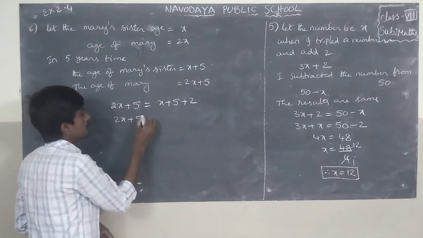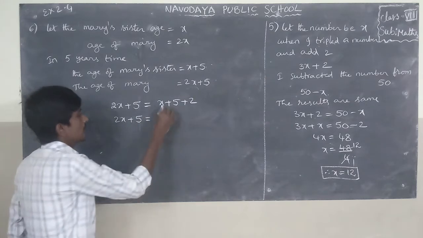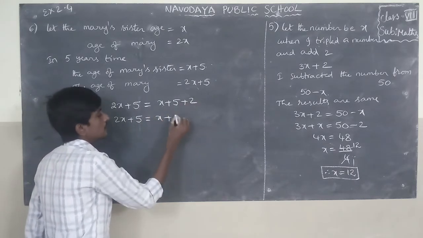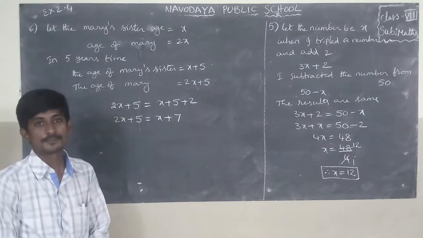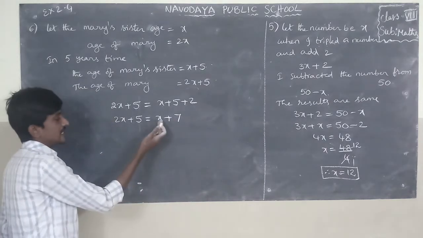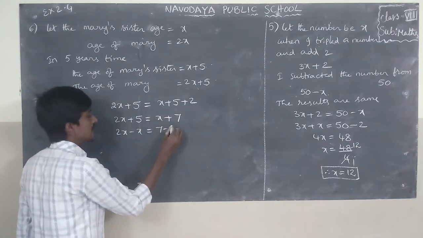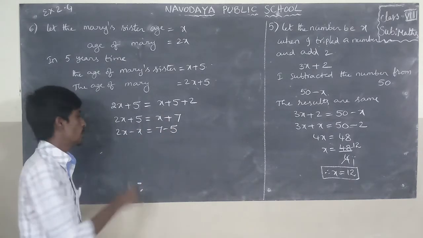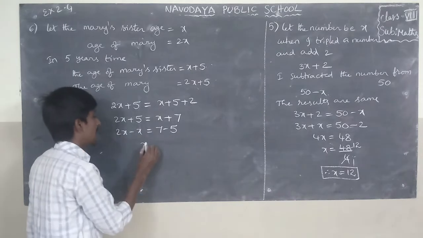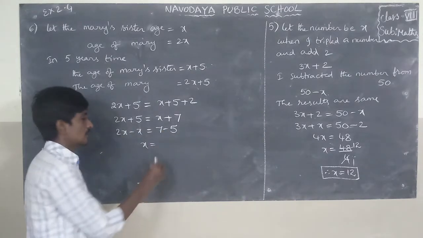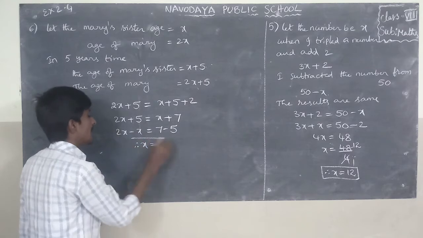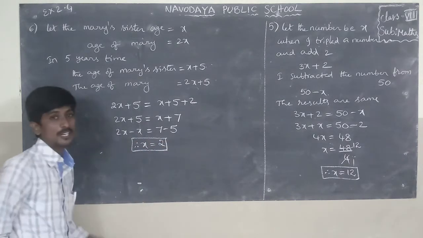So 2x plus 5 equals x plus 5 plus 2, that is 7. Plus x transposed to this side, minus x, plus 5 transposed to that side, minus 5. 2x minus 1x, 1x. 7 minus 5, 2. Therefore, x equals 2. What about x?